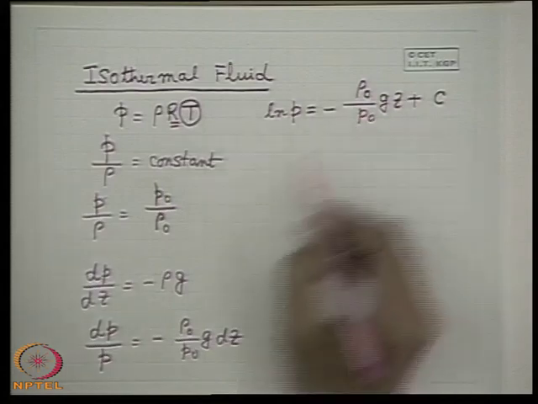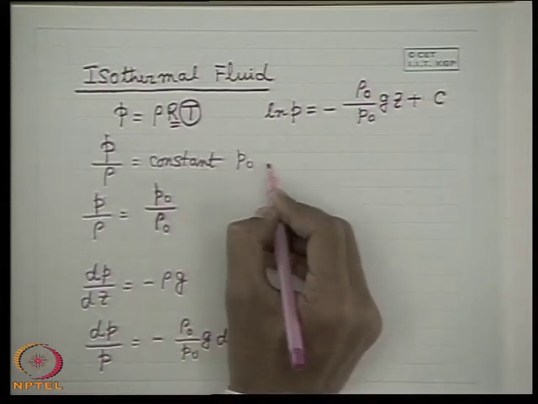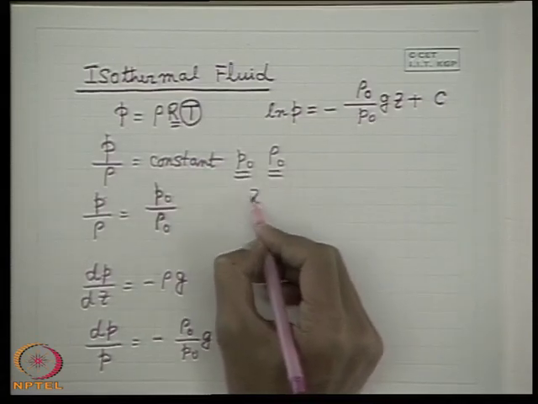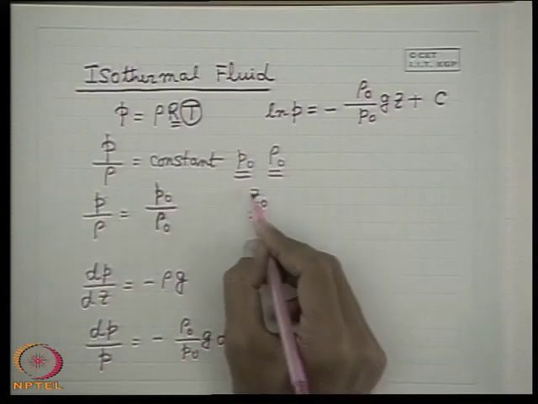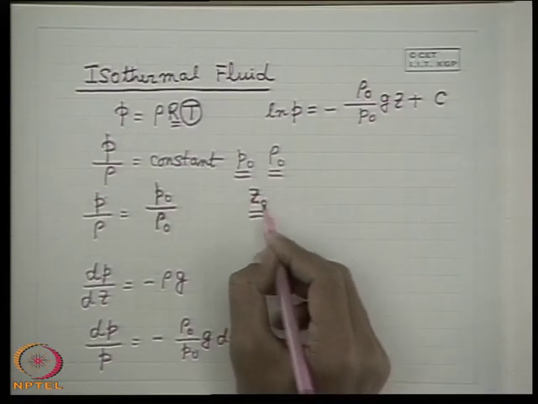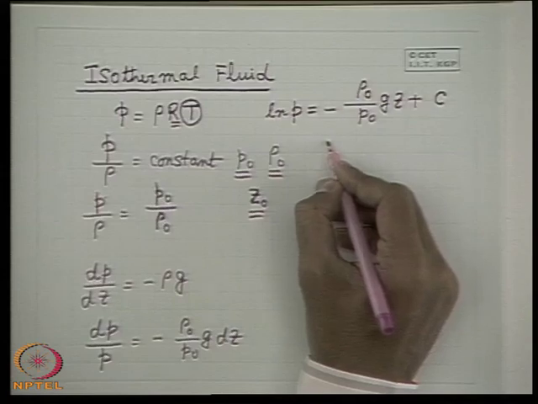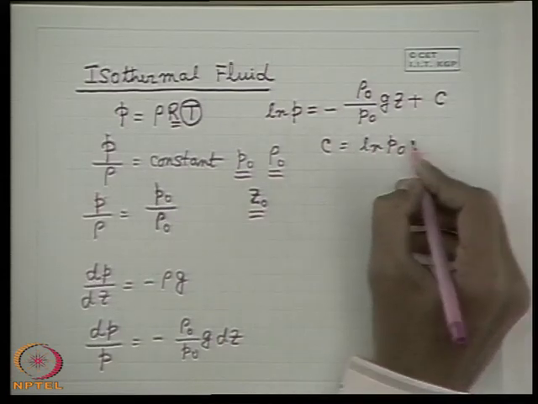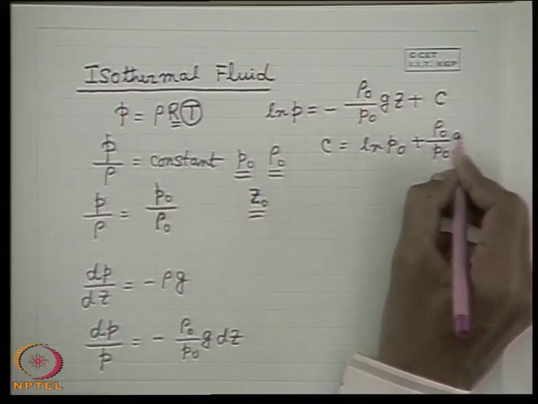if we define the z coordinate at this reference state, where pressure is P0 and density is rho 0. The z coordinate from any reference coordinate axis is z0. Then we can find the value of C as ln P0 plus rho 0 by P0 g z0.